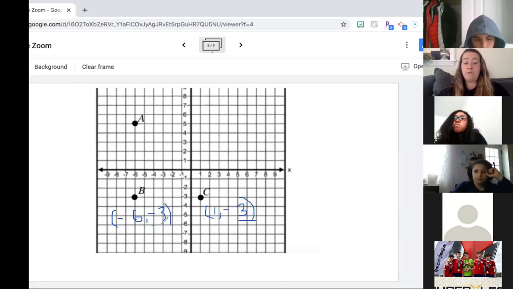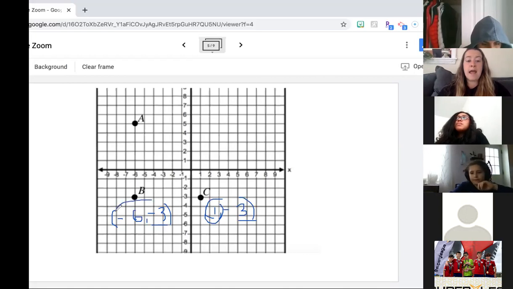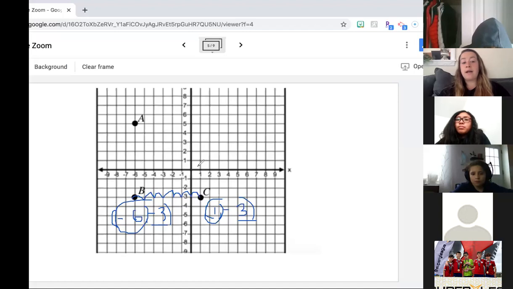Since my -3s were the same, that's not going to tell me anything. So I want to look at this 1 and the -6. I went from -6 to 1. So it's 7 spaces away: 1, 2, 3, 4, 5, 6, 7. -6 back to 0 is 6, and then it crossed over, so you get 1 there. So it's 7 units away.